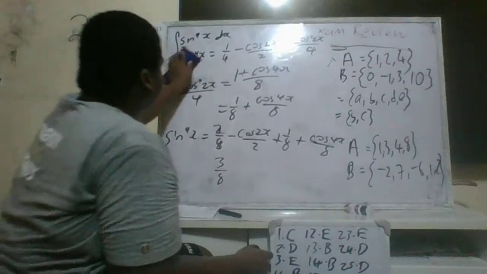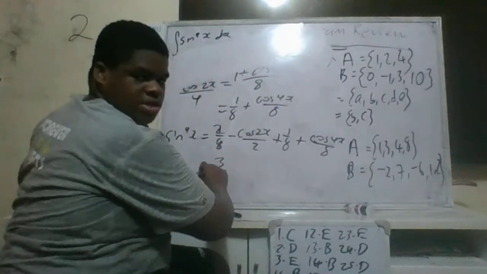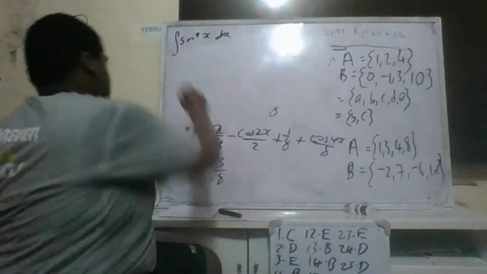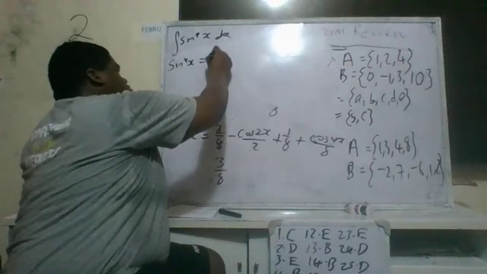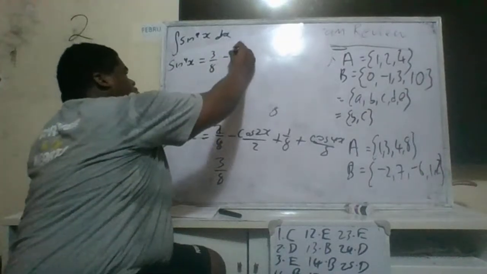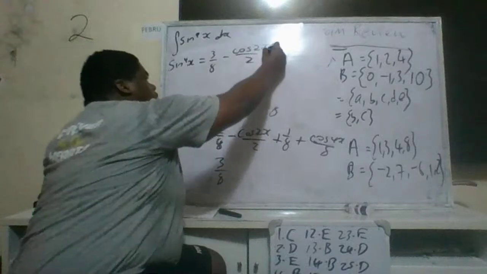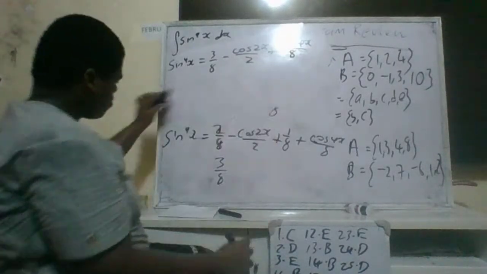That means all in all, this is how I was saying. I think people can see everything I was writing. Sin to the power of 4 x is going to be equal to 3 over 8 minus cos 2x over 2 plus cos 4x over 8.